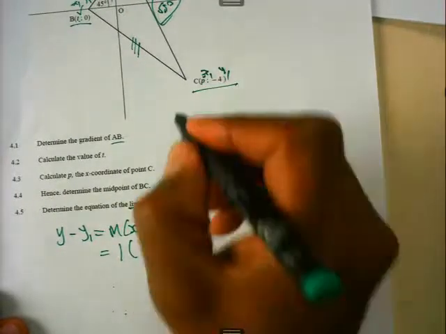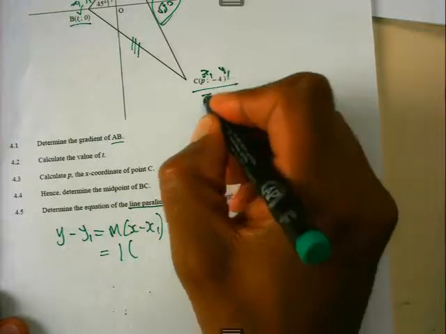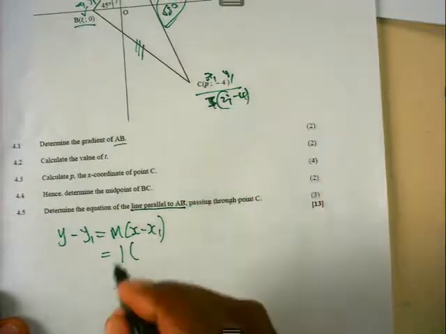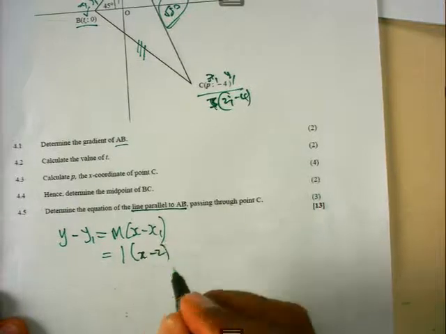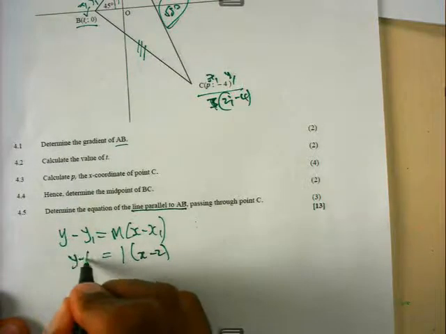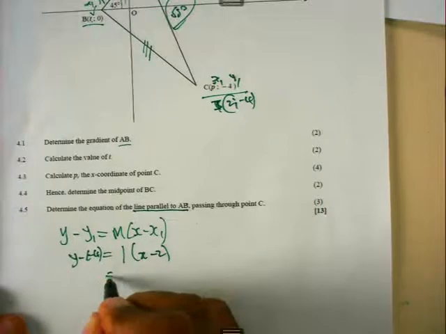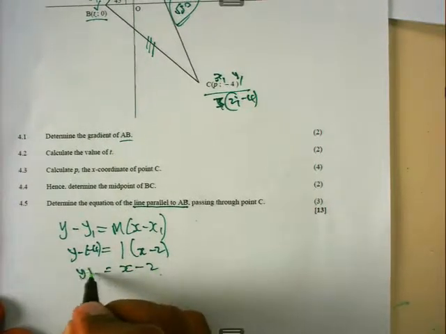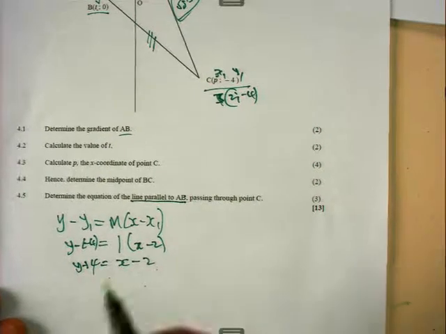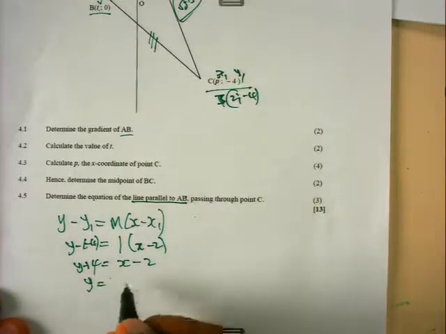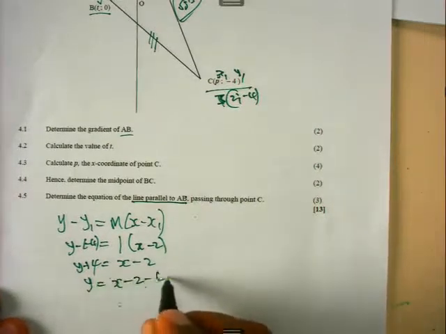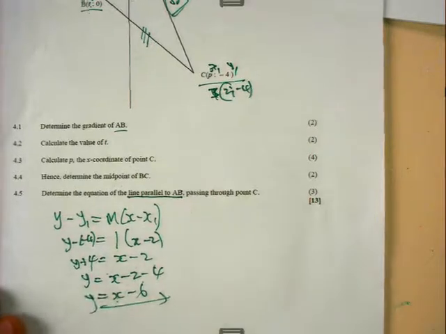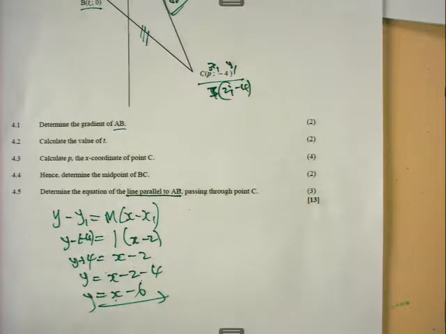Point C is positive 2 as well as minus 4, right? Now it means x there is 2 and y there is minus 4. Therefore, we have y plus 4 equals x minus 2. Now we take 4 to the other side. y is equal to x minus 2 minus 4, which is x minus 6. Right? Then that is your answer.